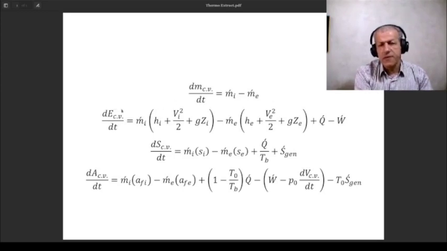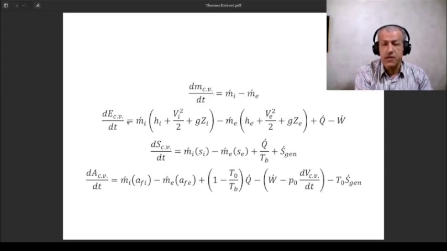The first law of thermodynamics takes a very similar pattern. It gives you that the energy is another property. The energy change inside the control volume is a function of the energy that enters with the mass that enters, a similar term than this one, the energy that exits with the mass that exits, a similar term than this one.